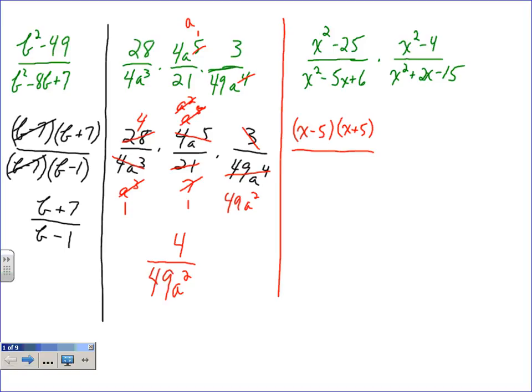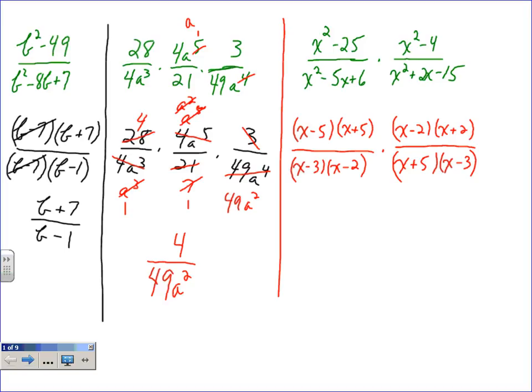Factor the denominator, x minus 3, x minus 2. Like I say, the more you do, the better you get. Times, we have the difference of two squares, x minus 2, x plus 2. And factor the denominator, x plus 5, and x minus 3. Everything's factored.